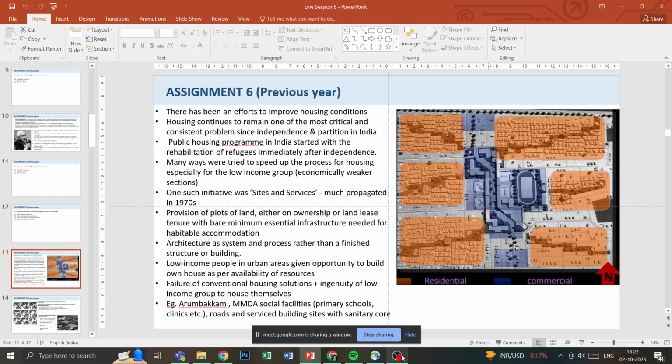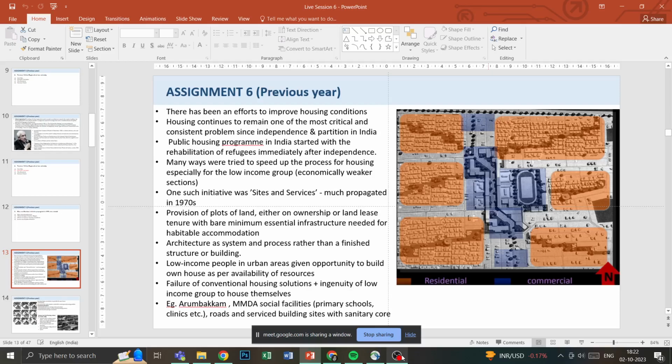So it was not working. So this solution, sites and services, was given, where they are just given basic infrastructure services on a site and the opportunity to create their own house according to their own wish, because the conventional housing solutions in which the government was making houses and giving them to people were failing continuously.